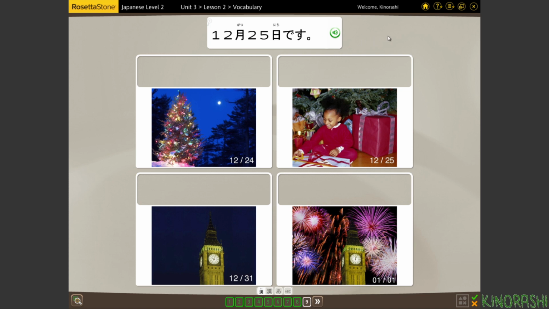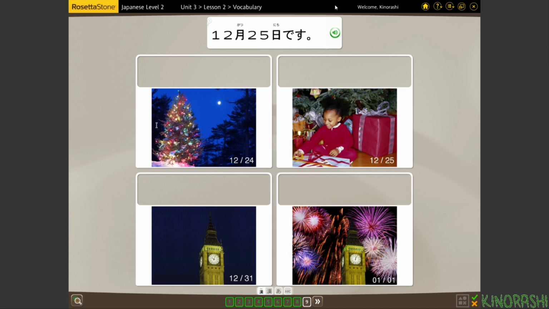Let's write out isshuukan, and it was. Let's see, wasn't there more to the word than that? Month. Gatsu. Isn't it ichigatsu?